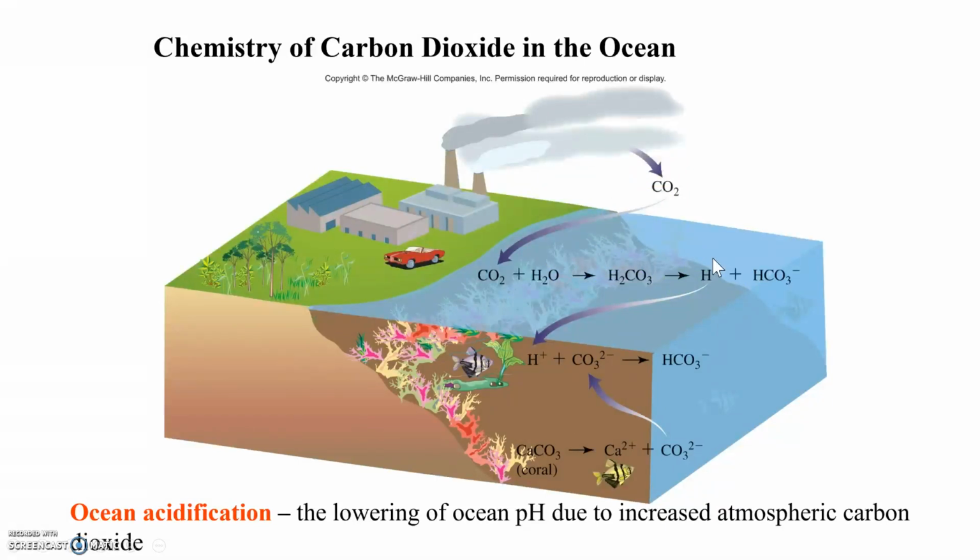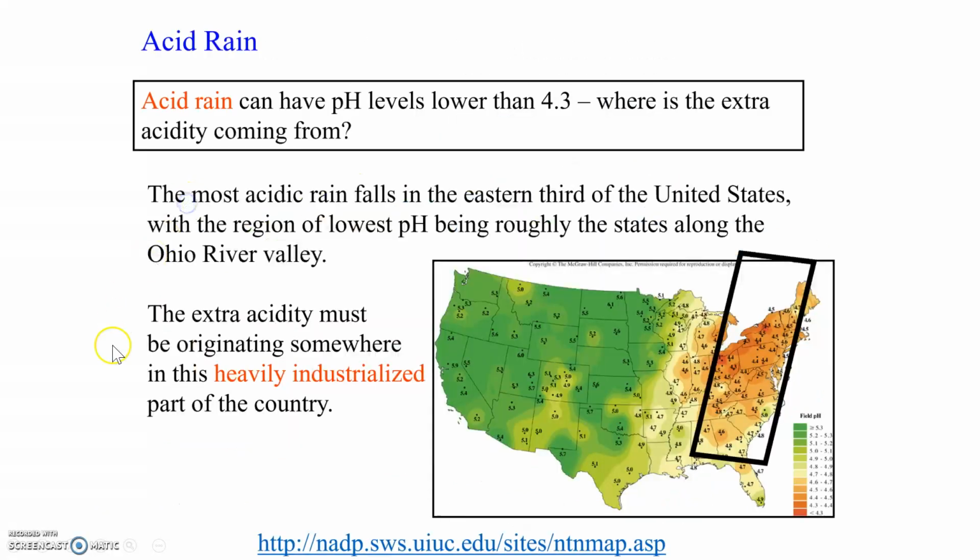This is known as ocean acidification. The pH of surface water in the ocean is decreasing as a result of increased carbon dioxide concentrations in the atmosphere. And this is problematic because it can affect aquatic life, especially aquatic life that relies on the formation of calcium carbonate, such as corals or mollusks that have calcium carbonate shells.